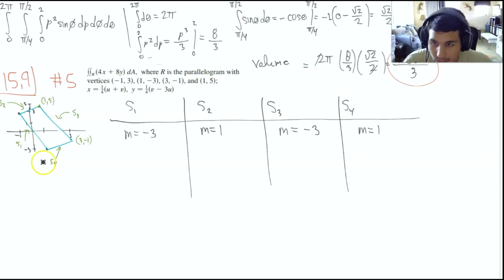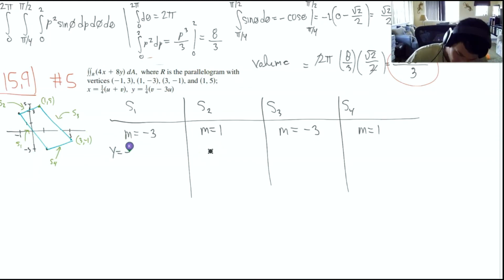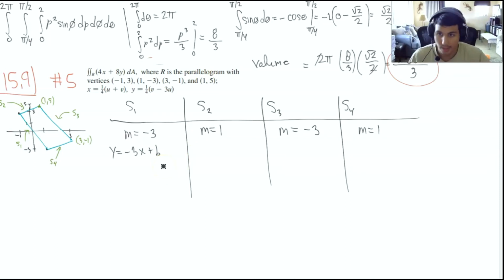Okay, now we need to think about the plus b part. So I'm actually just going to write this now as y equals -3x plus b. And the way we would find b is you pick any point along this line for S1. You pick any point along this line.